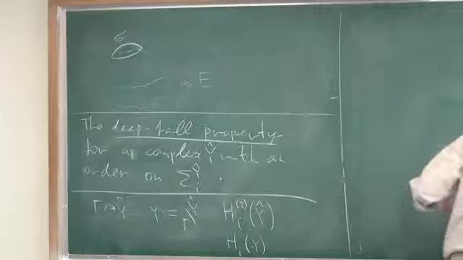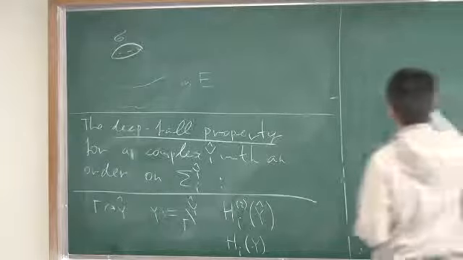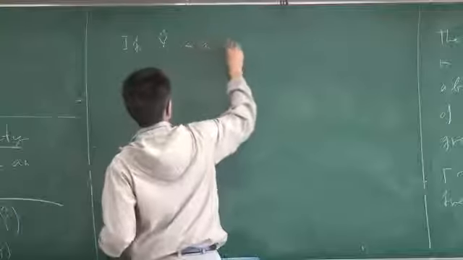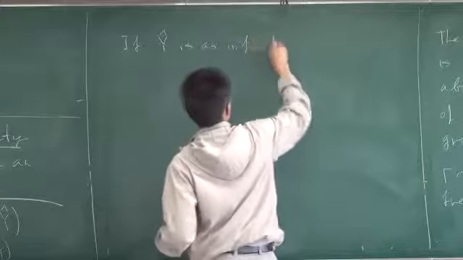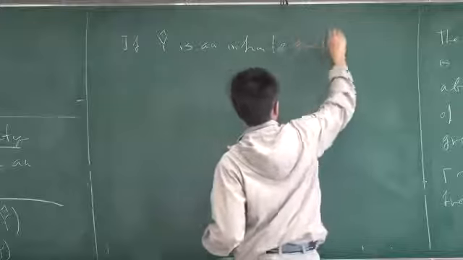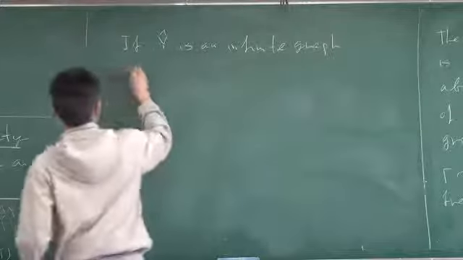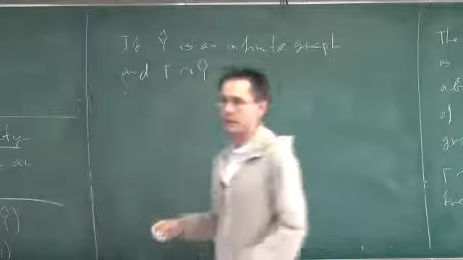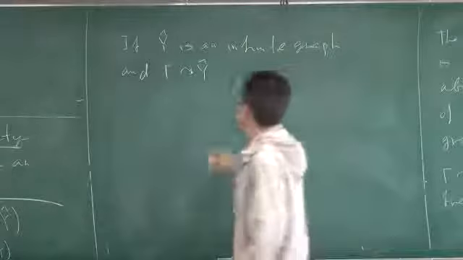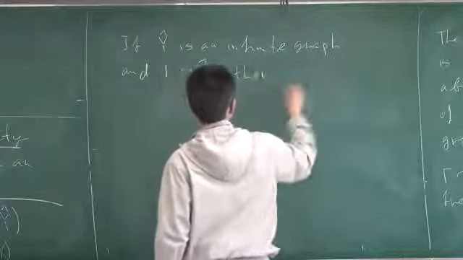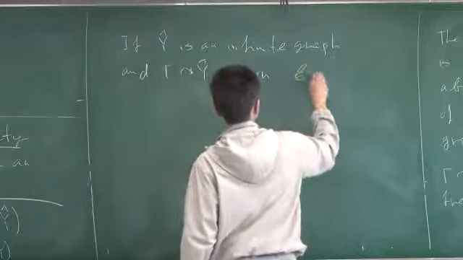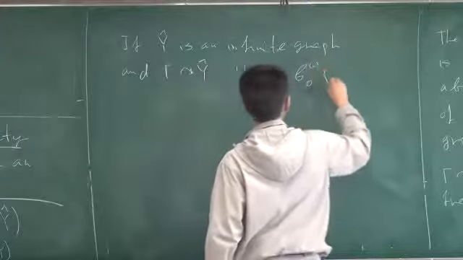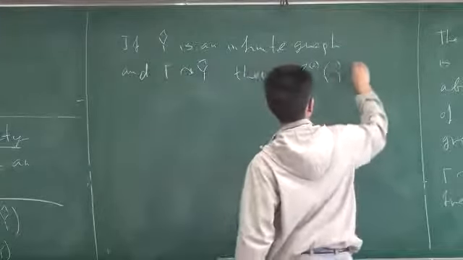So maybe I should state this too. If Y hat is an infinite graph, and Gamma acts on Y hat, again with the same assumption, freely and co-compactly, then the zeroth L2 Betti number of Y hat with respect to Gamma is 0.